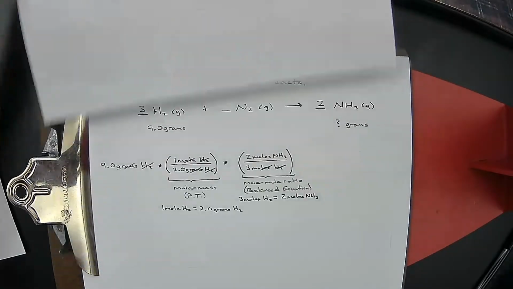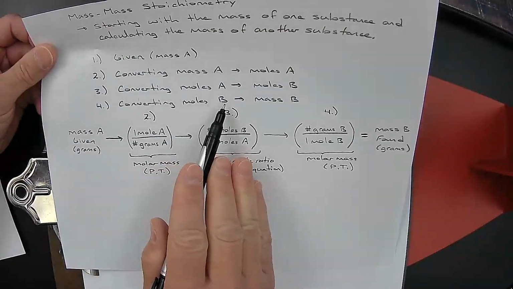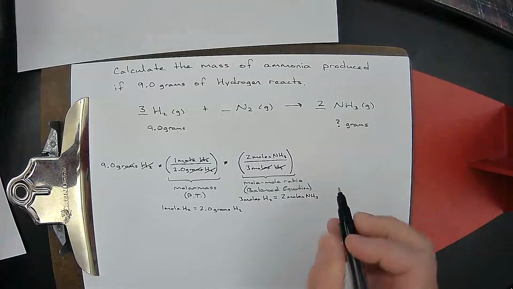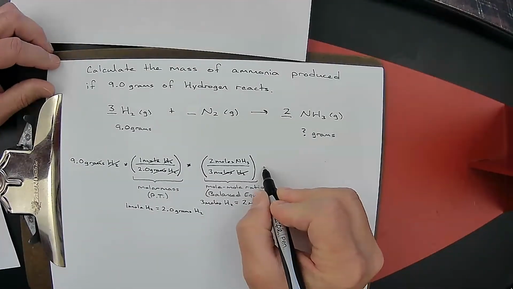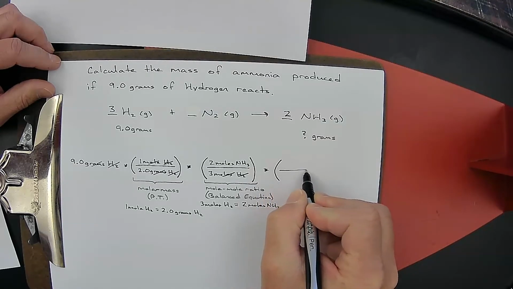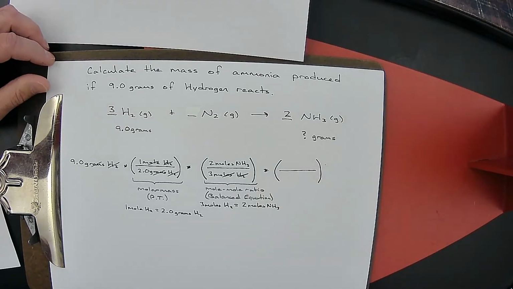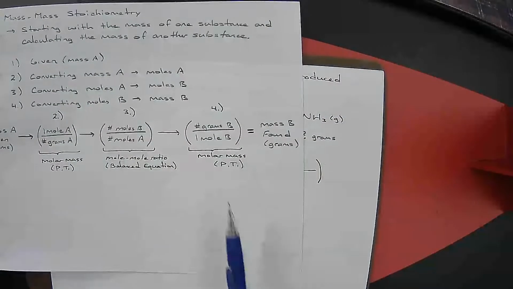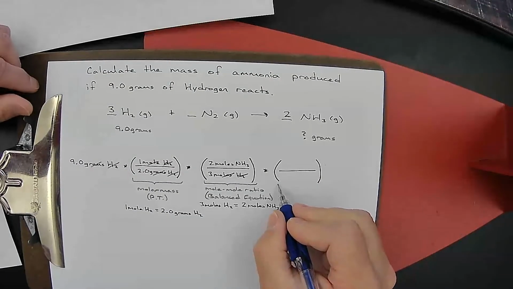So now we're on our last step, going from the moles of B, which is NH3, to the mass of B. So once again, we multiply by an empty fraction. And this time, our last step here is going to come from the molar mass on the periodic table.